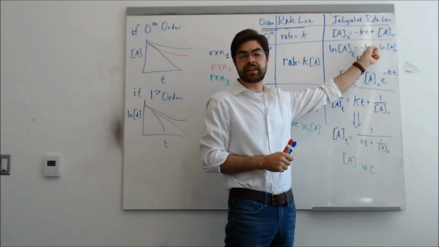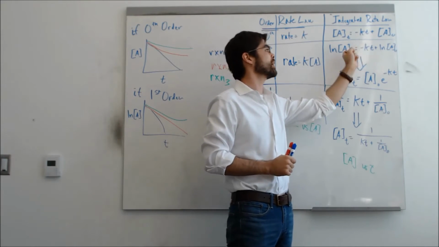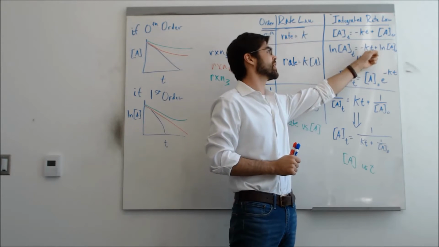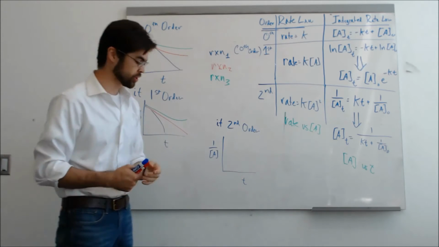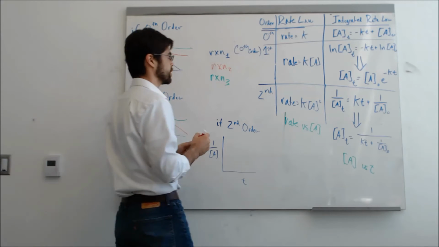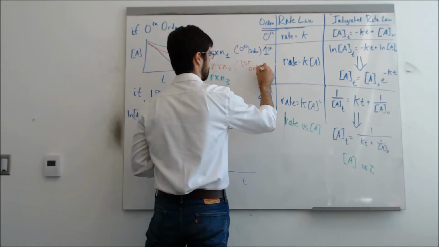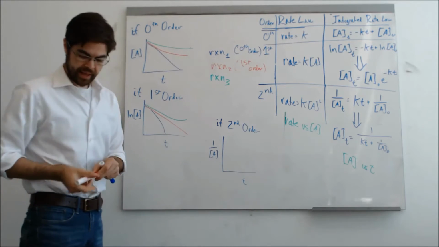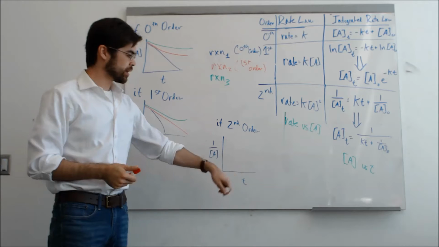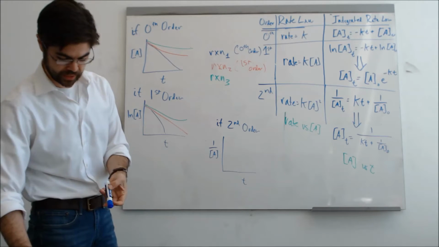And the only reaction order that gives you a straight line when you plot its natural log versus time is if it's a first order reaction. So that implies that reaction 2 here is first order. And let's say I try plotting their concentrations as the reciprocal versus time.